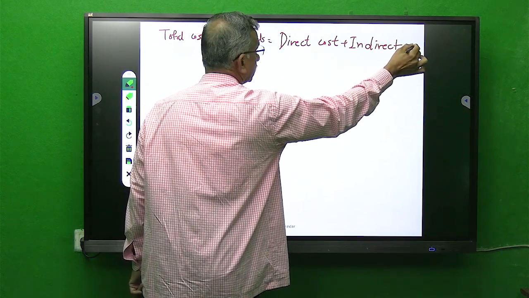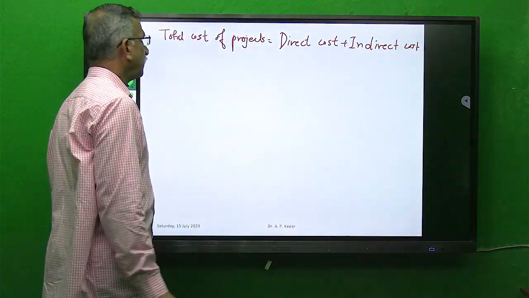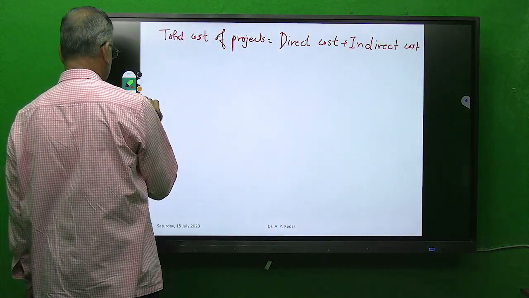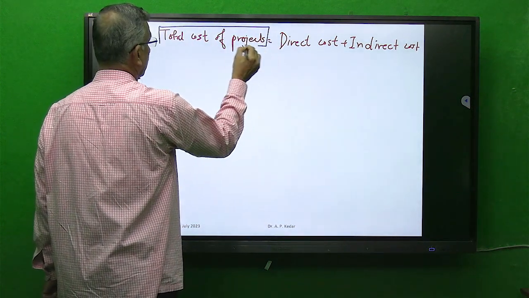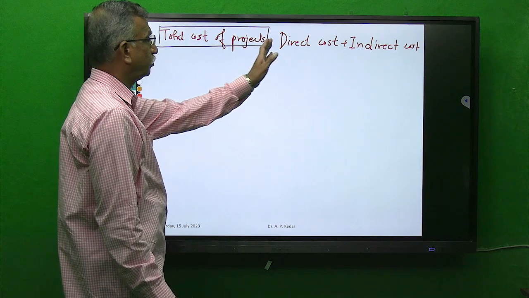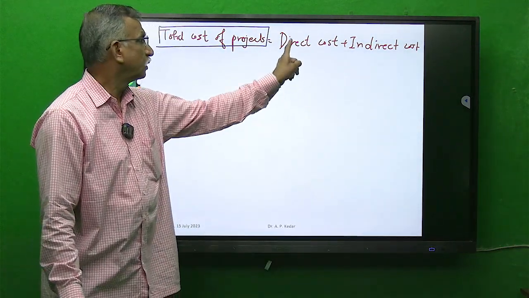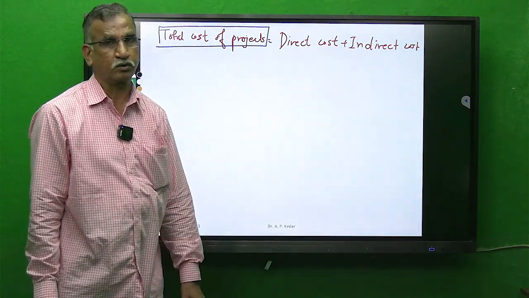Any project in real life will have two parts: one is direct cost, the other is indirect cost.